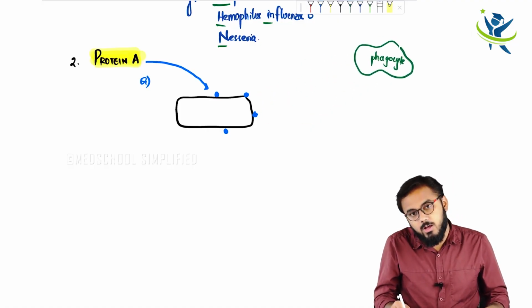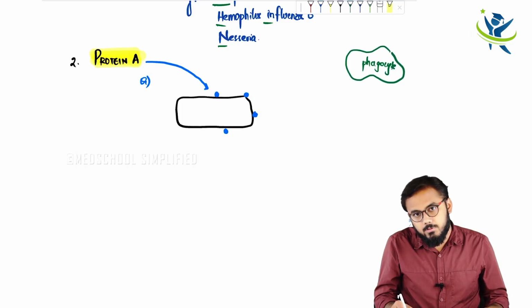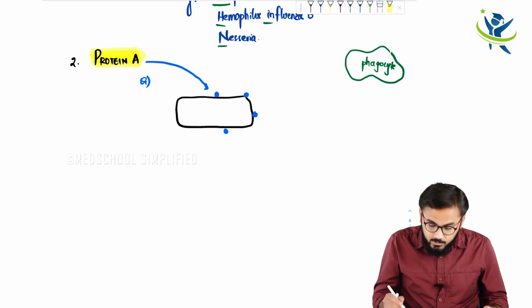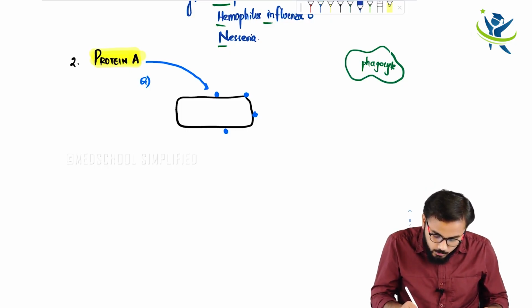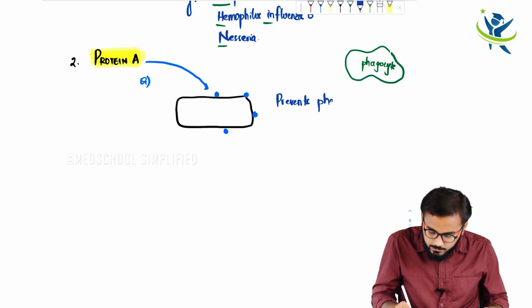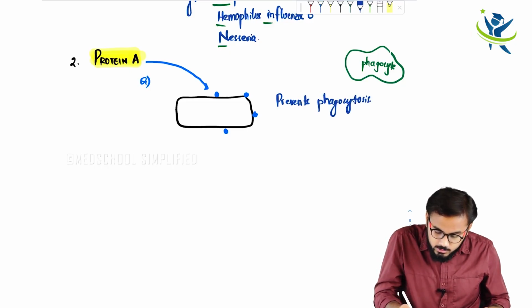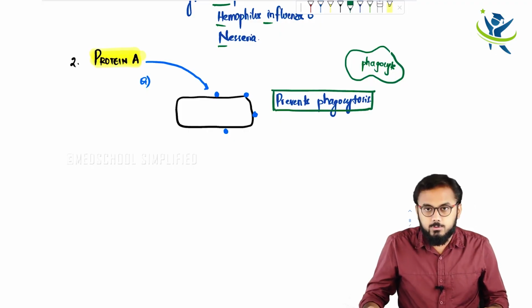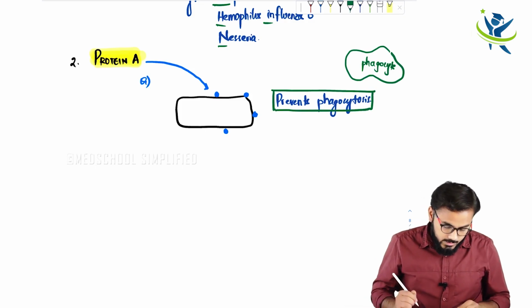So the phagocyte will go far away, right? It means, can I say that it is preventing phagocytosis? Yes. So what is the function of protein A? Protein A prevents phagocytosis. Cool.